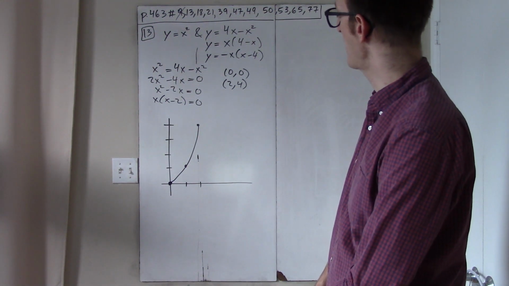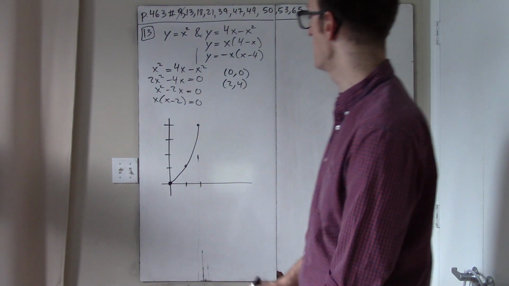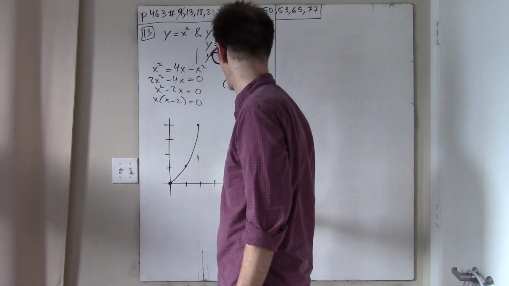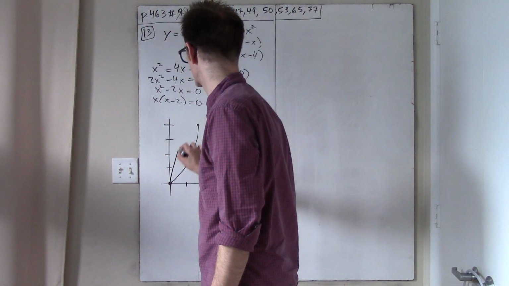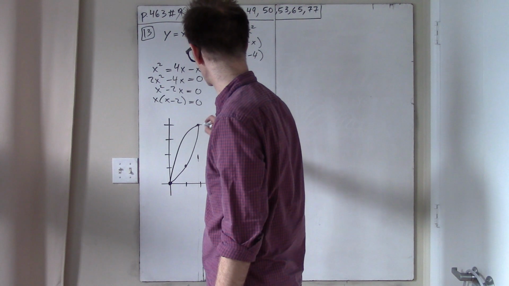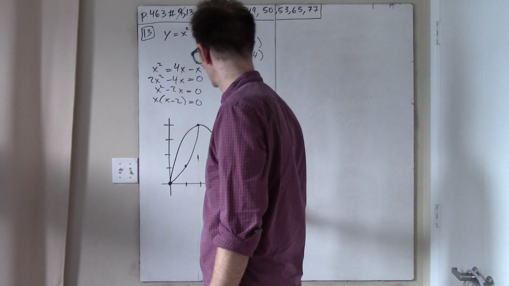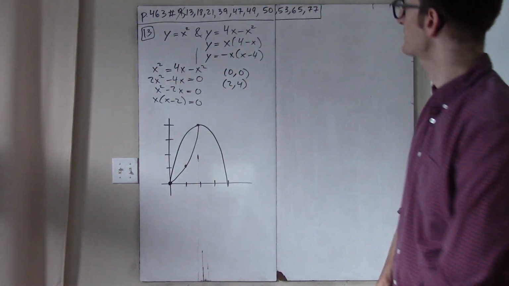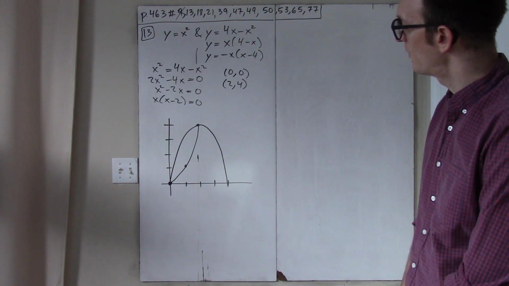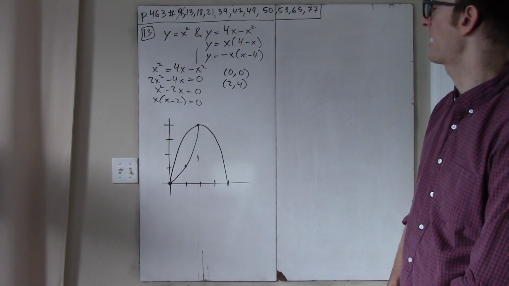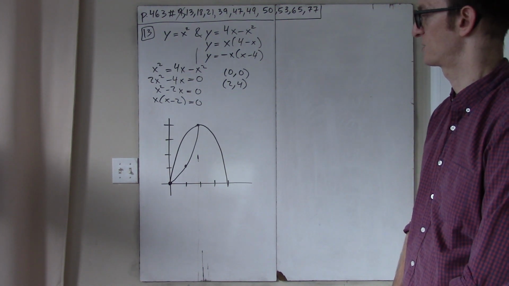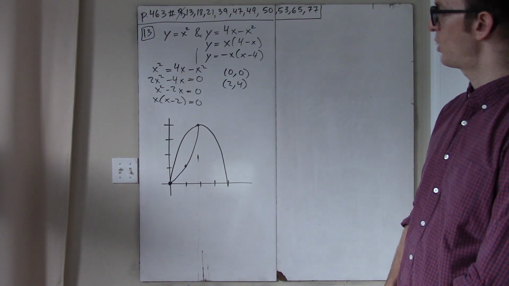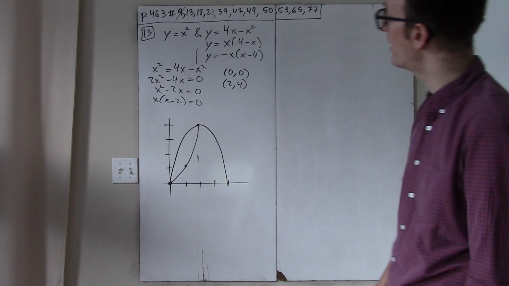And then the other one is going to have roots at 0 and 4. So it's going to come up like that. And that has a relative max at (2, 4), because it just does halfway between the intercepts. Okay, so there we go.